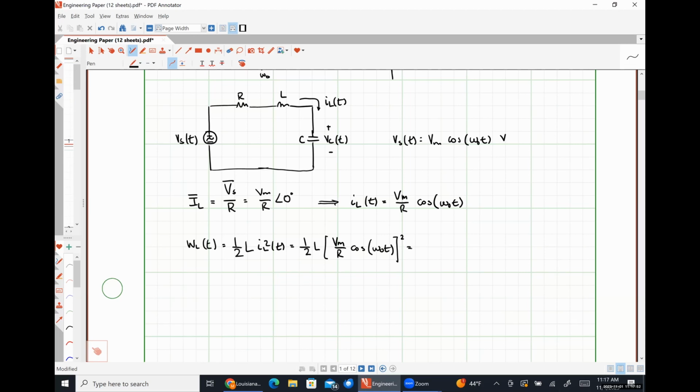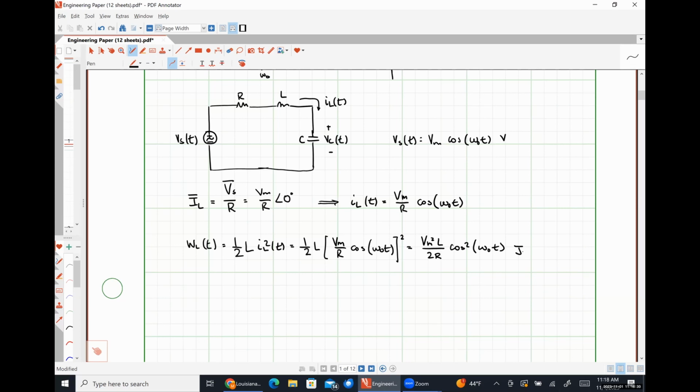And this is going to look like Vm squared L divided by 2R times the cosine squared of omega naught t. Because we're dealing with energy, this would be measured in joules. So everybody with me thus far? No wild or weird trig identities or anything like that yet. Hopefully not at all, but we can pull it out if we need to help us understand things.